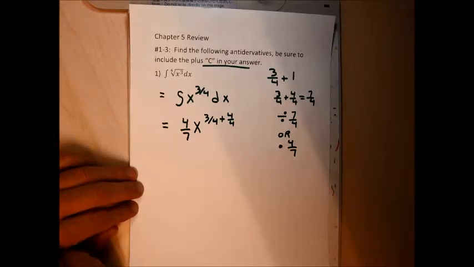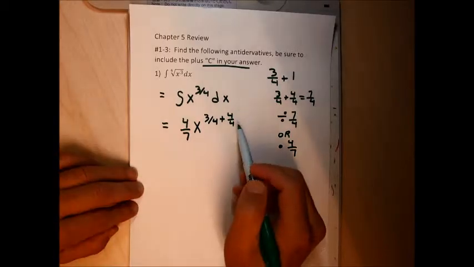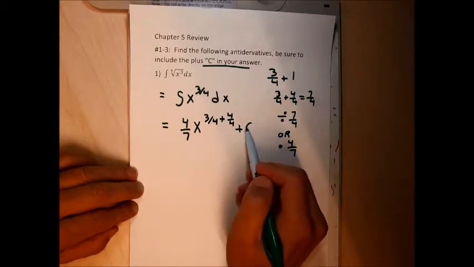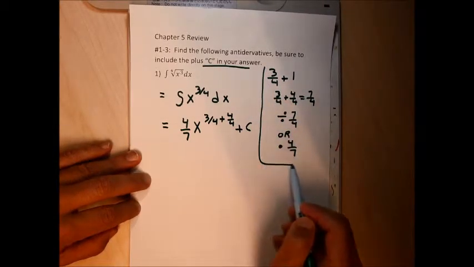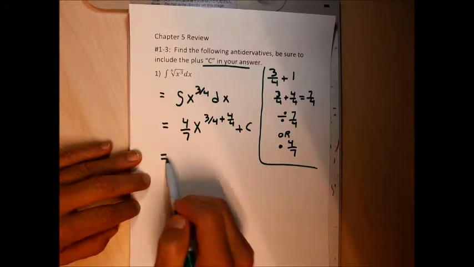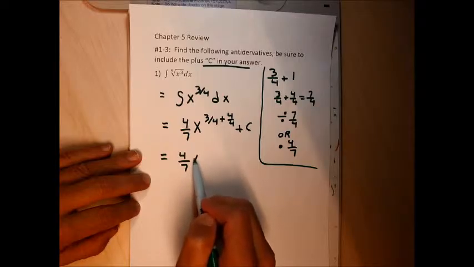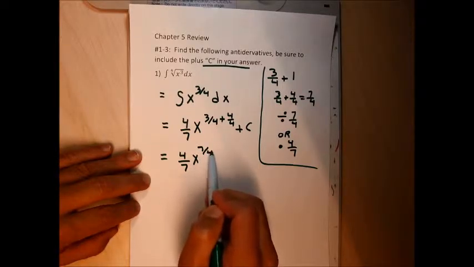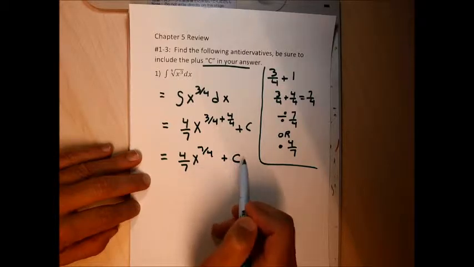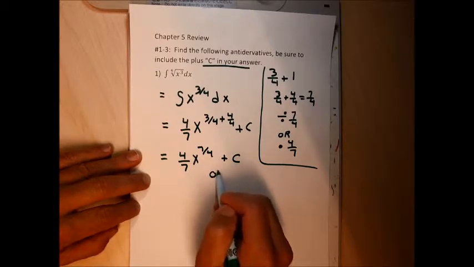That's the integration part without the plus c, so I need to add the plus c. Now I'm going to write my answer. An acceptable form of the final answer would be 4/7 x to the 7/4 plus c.